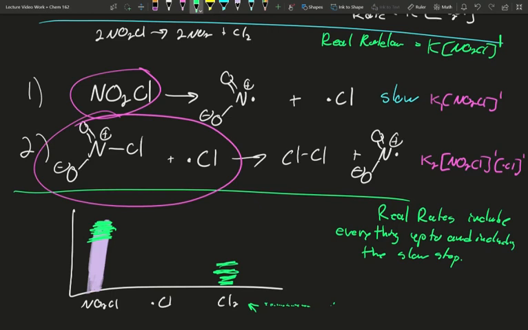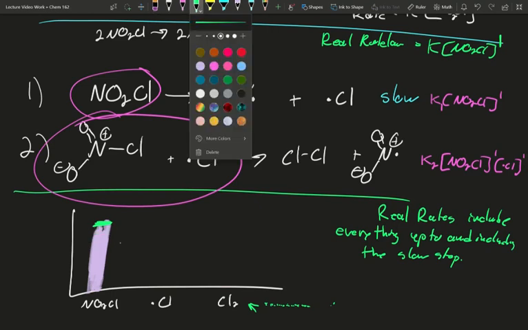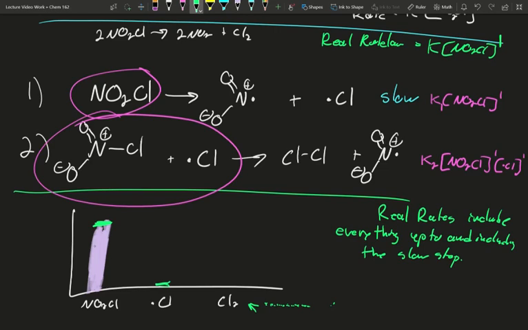If, on the other hand, our second step was the slow one, well, then the idea is I'd make some Cl dot, and then I'd probably make a little bit more Cl dot before any made product. But it wouldn't use up all my Cl dot because, well, I'm forming Cl dot faster than I'm making the Cl2 in that case. And so we'd keep making some more of this. A little bit of it would transfer.